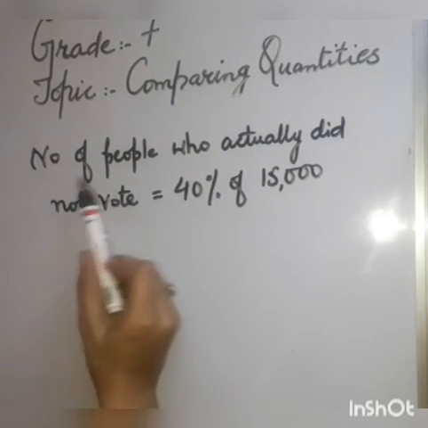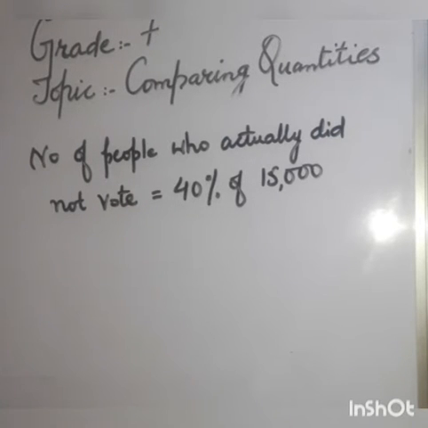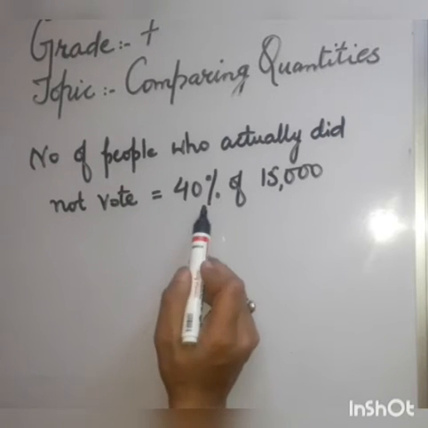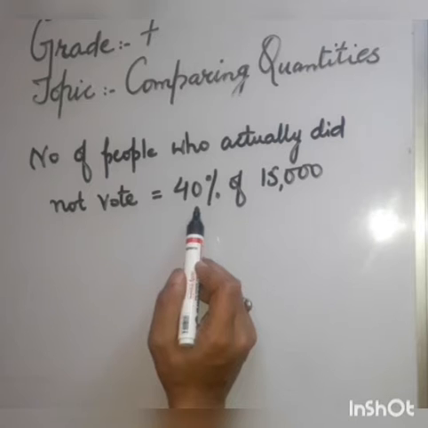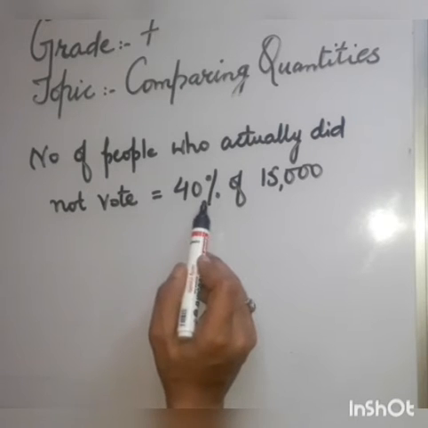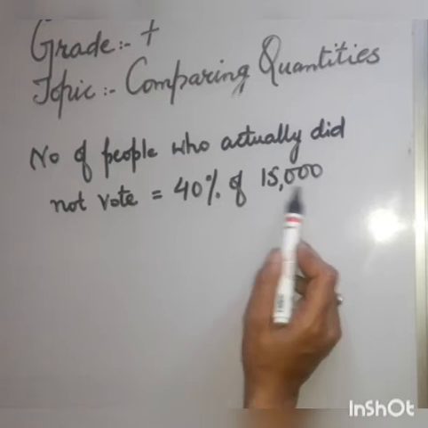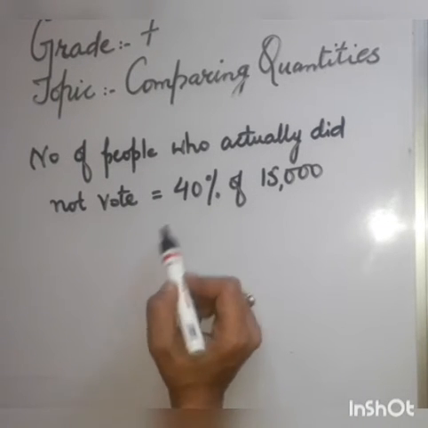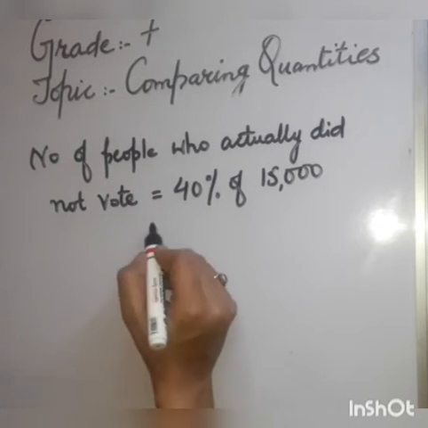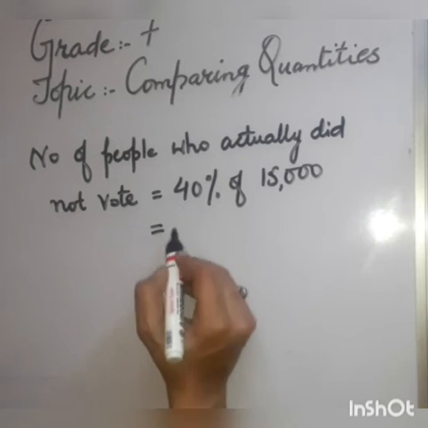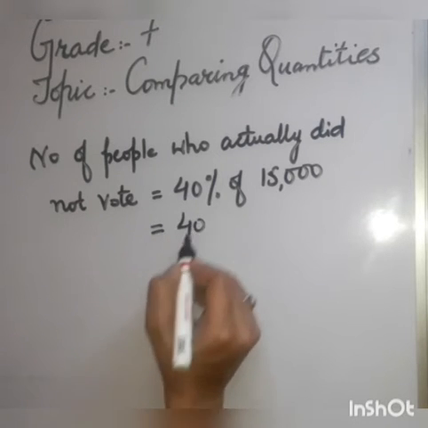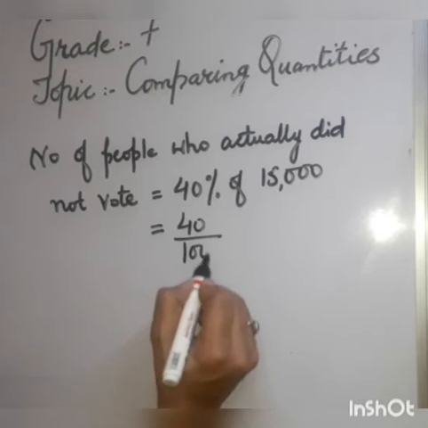Now, number of people who actually did not vote is equal to 40%, because percentage of voters who did not vote is 40%. So 40% of the total voters, that is 15,000. This is the number of people who actually did not vote. So we'll solve this further. 40, instead of this percent, I'll write 100 in the denominator.